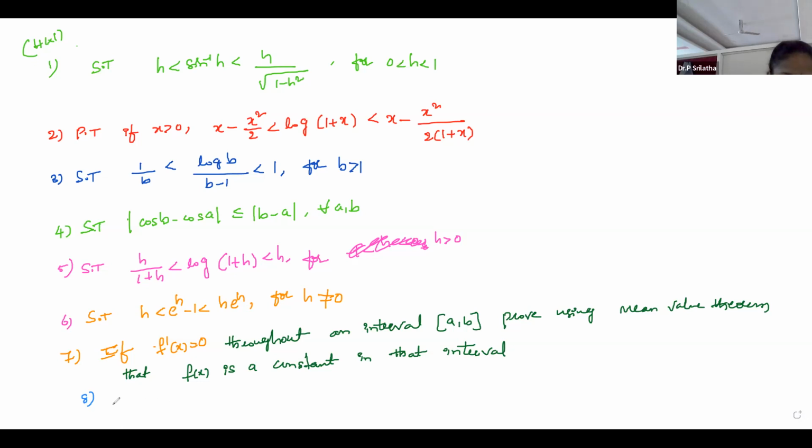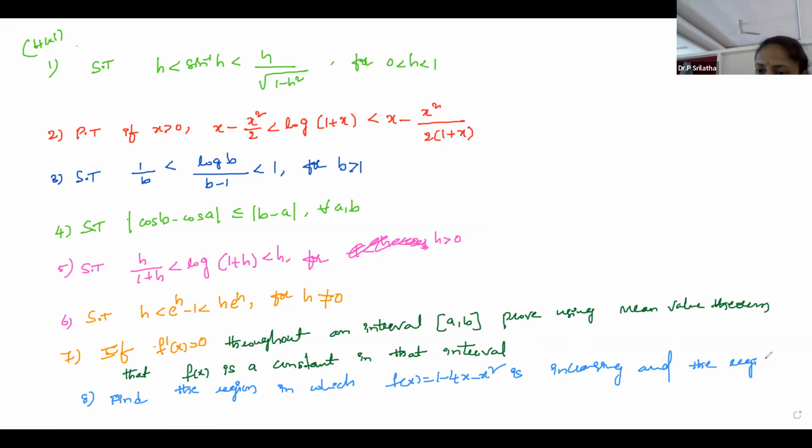And the question is, find the region in which f of x equal to 1 minus 4x minus x square is increasing and the region in which it is decreasing, using mean value theorem.